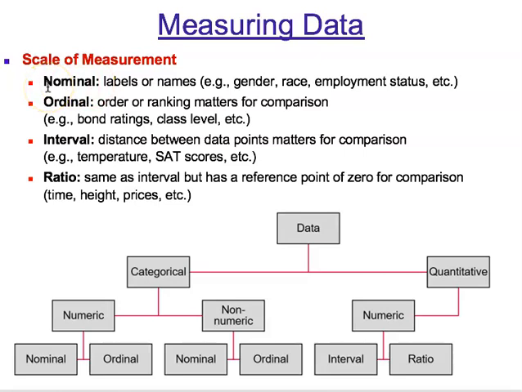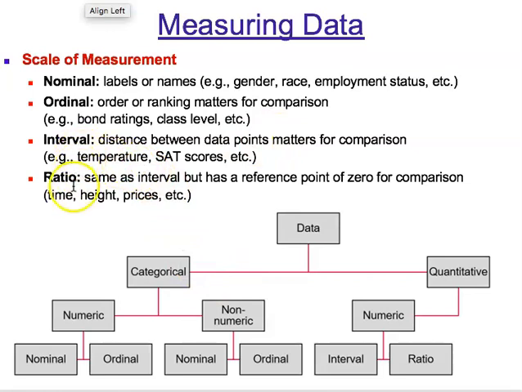Nominal means to name something. So that's one scale. Another scale we might use with data is ordinal. This is where we rank something. For example, freshman, sophomore, junior, senior. These are titles that are given to your different class levels, but they're ordinal in that the order does matter.